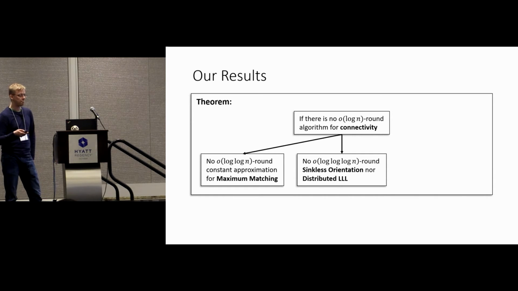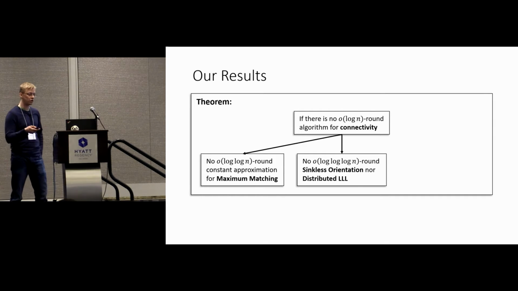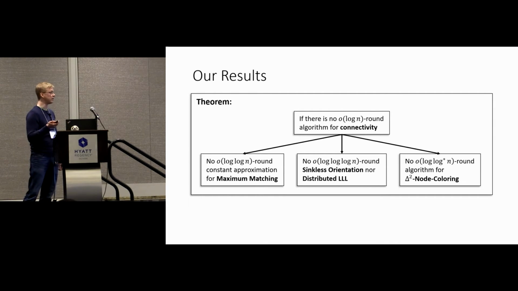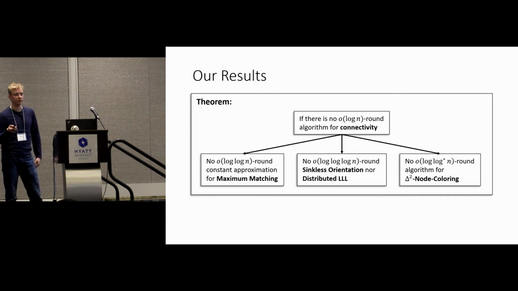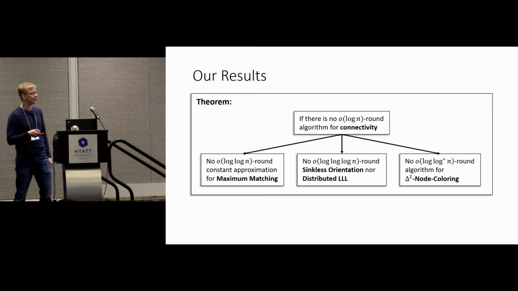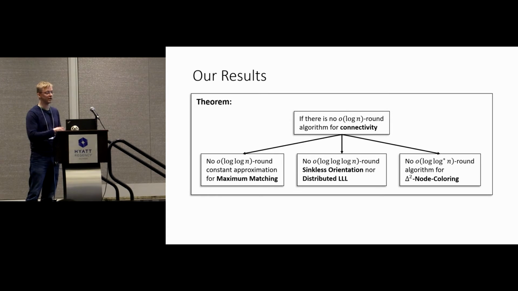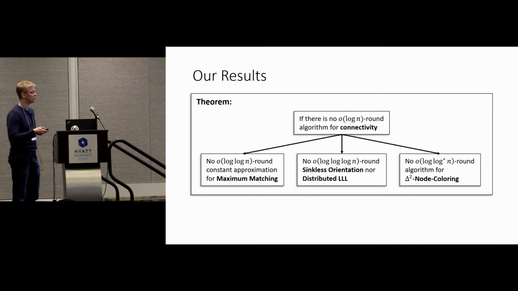We got a triple log n lower bound for the distributed Lovász local lemma problem. And we got this nice log of log star n lower bound for delta squared node coloring. And why I like this result is that it's a very meaningful lower bound in the sense that you cannot really come up with a number that makes any sense in this regime anymore. So I mean, if you put the number of atoms in the universe, it's still going to be something ridiculous.